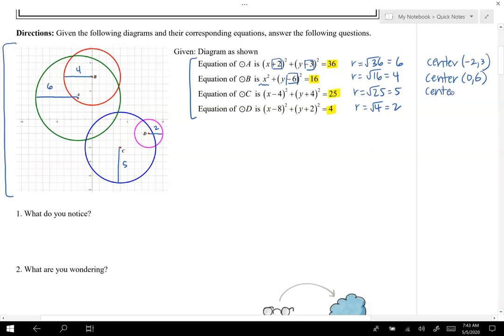Let's check the other two. 4, -4 for the center of C. Ooh, opposite sign here. Okay, and one more time. Center of D is 8, -2, and in the equation it's flipped. All right. So I hope you noticed that too. One thing I do want you to notice is that these are actually the same.